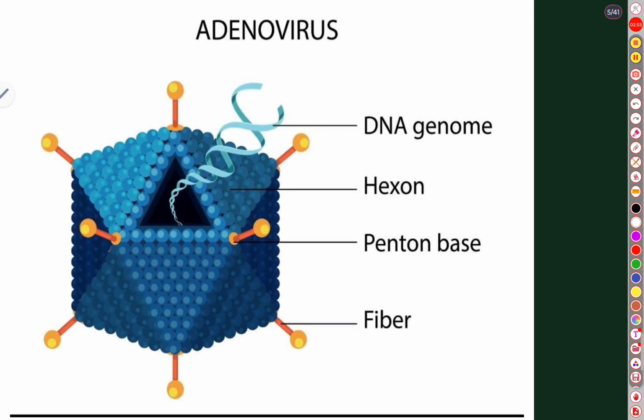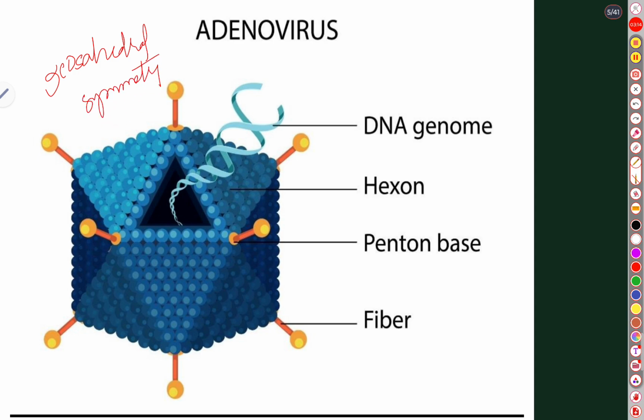Okay, so that was the structure of your adenoviruses. Here is the adenovirus with icosahedral symmetry. It has a DNA genome which is double stranded.